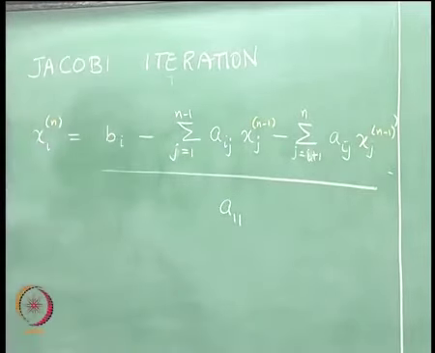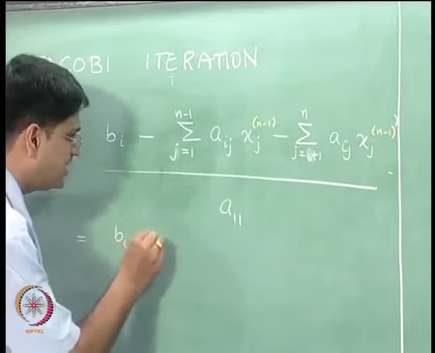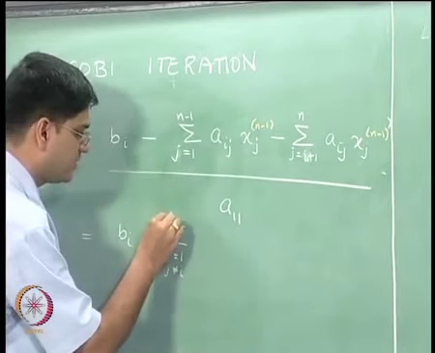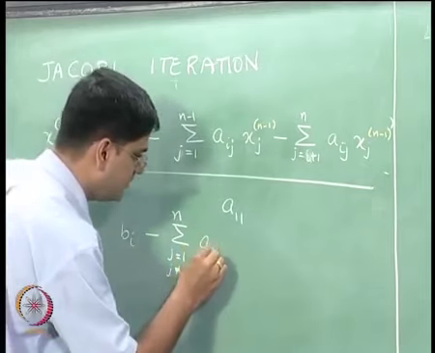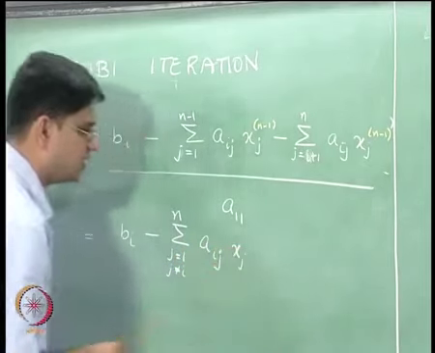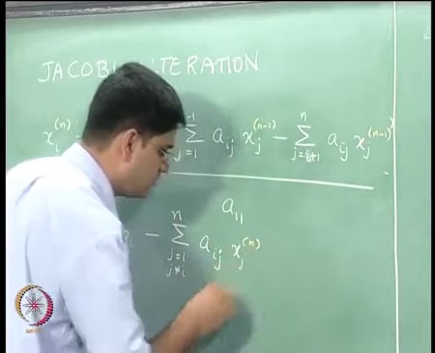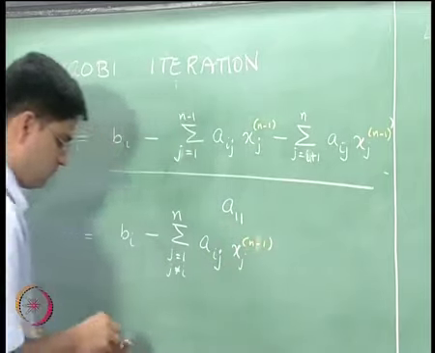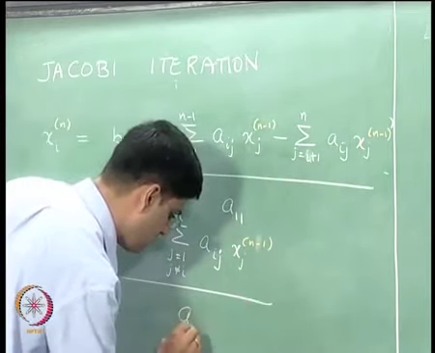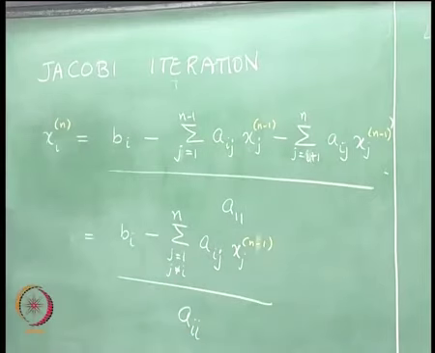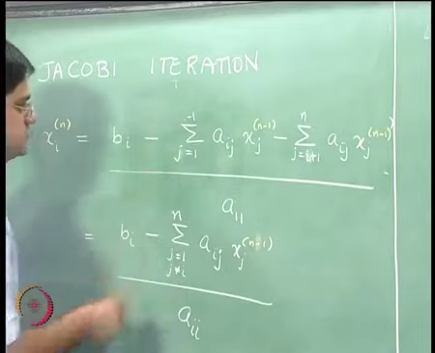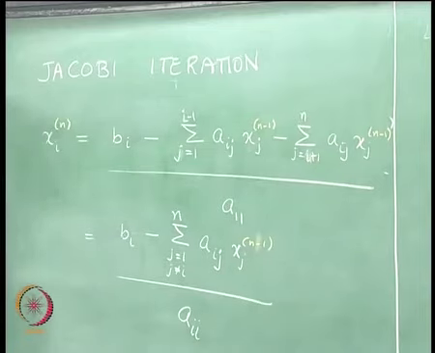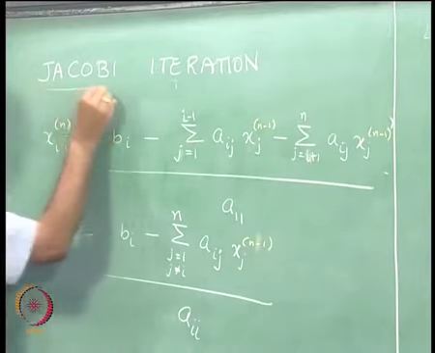A more compact way of writing this is bi minus the summation j equal to 1, j not equal to i, up to n of aij xj. This should be i minus 1, not n minus 1. And this essentially is the Jacobi iteration.